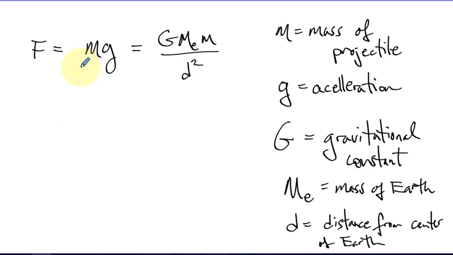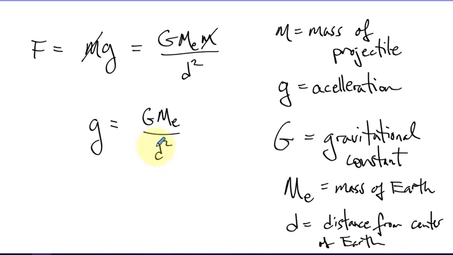The simple, profound thing I was trying to get to is that I can cancel these m's on each side of this equation and say that the acceleration of this projectile is the gravitational constant G times the mass of the Earth divided by the distance from the center of the Earth, or from the center of the mass of the Earth. That is the constant acceleration due to gravity.